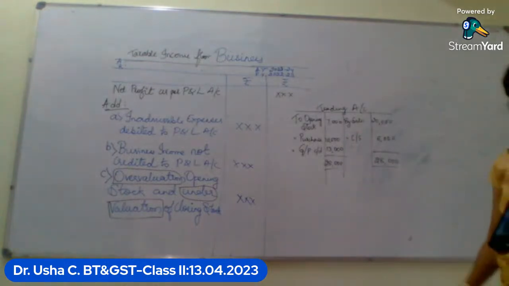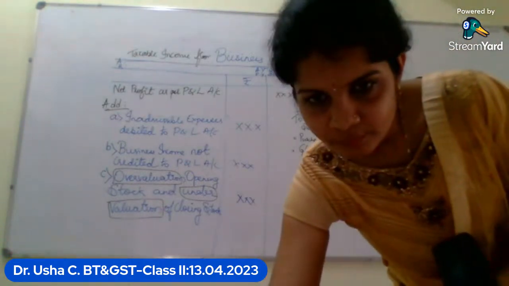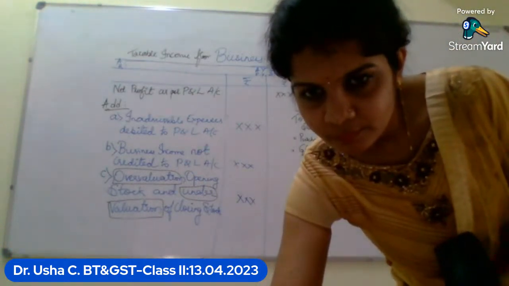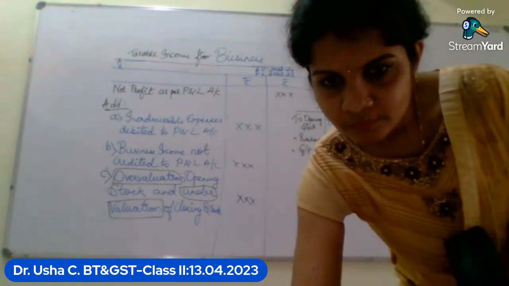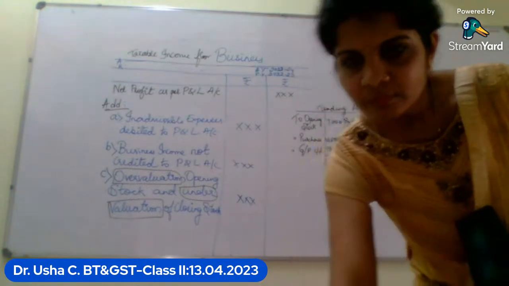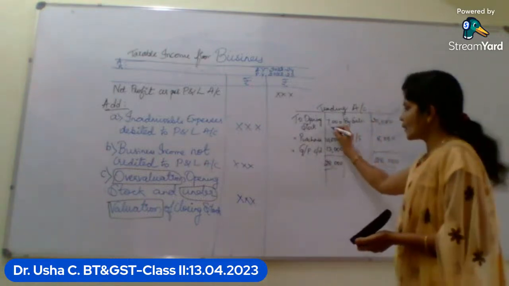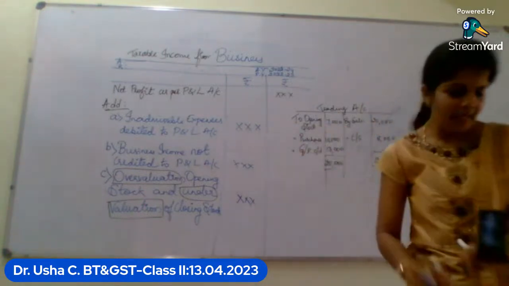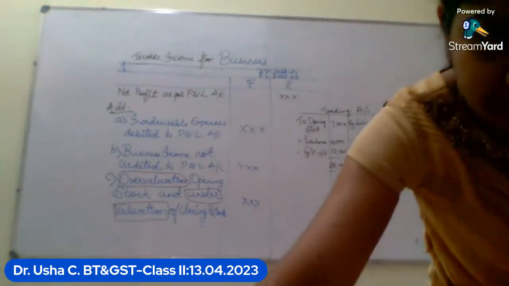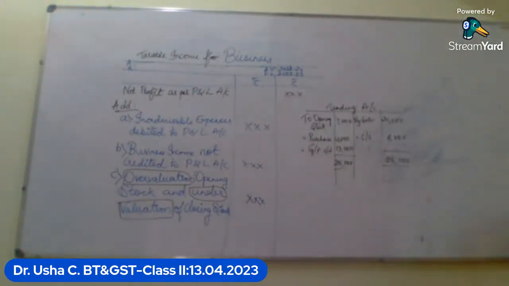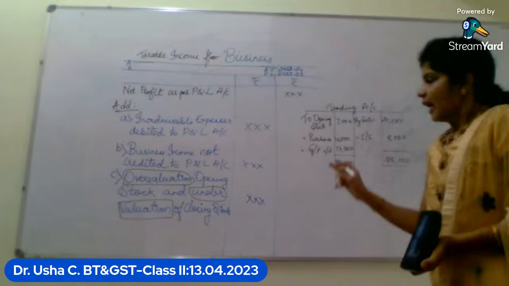This opening stock of 7,000 rupees, if it is considered in place of 5,000 rupees, what happens now?